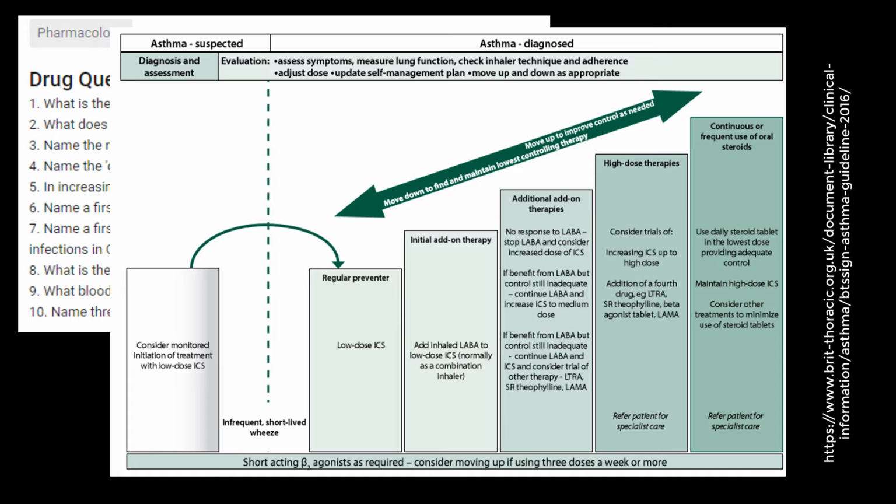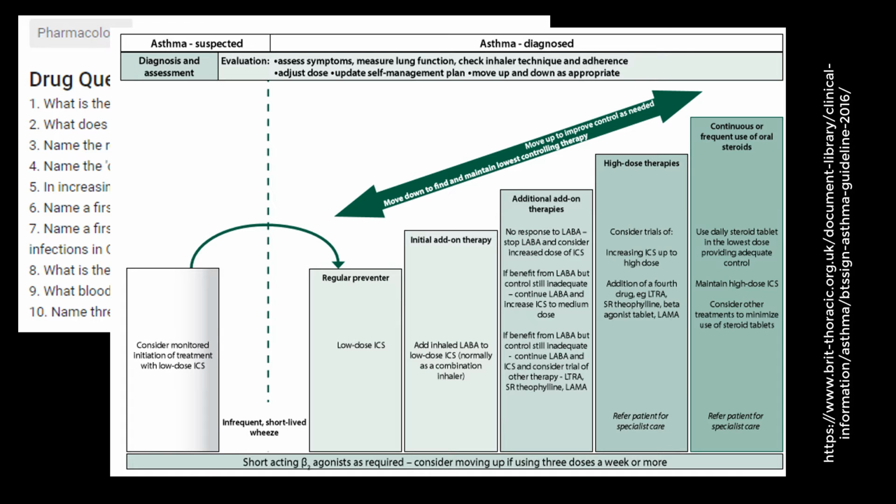Your first thing is your short-acting beta-2 agonist, and then adding on your low-dose inhaled corticosteroid. Your first step up is your initial add-on therapy, where you add an inhaled long-acting beta agonist such as salmeterol to the low-dose inhaled corticosteroid, and that normally is a combination inhaler. And you need to know what the combination inhalers are.